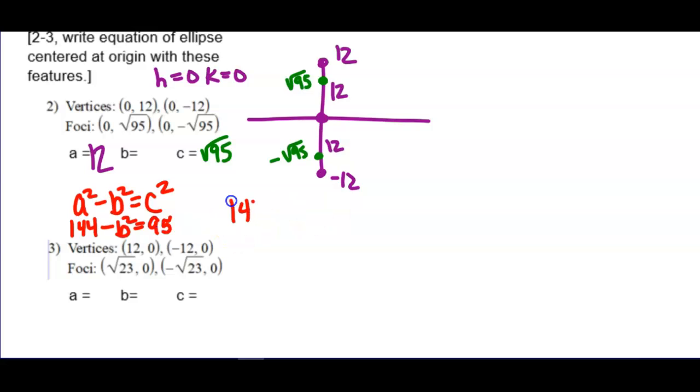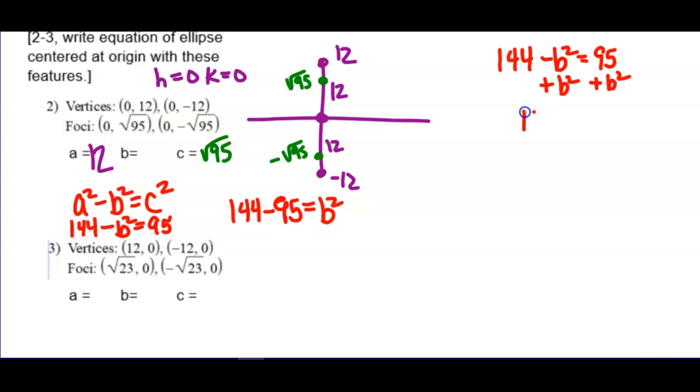So 144 minus 95 equals, if I subtract 95 over to this side and I add B squared over to that side, do I need to show that work just once? If I add B squared over here, you have 144 equals 95 plus B squared, subtract 95.